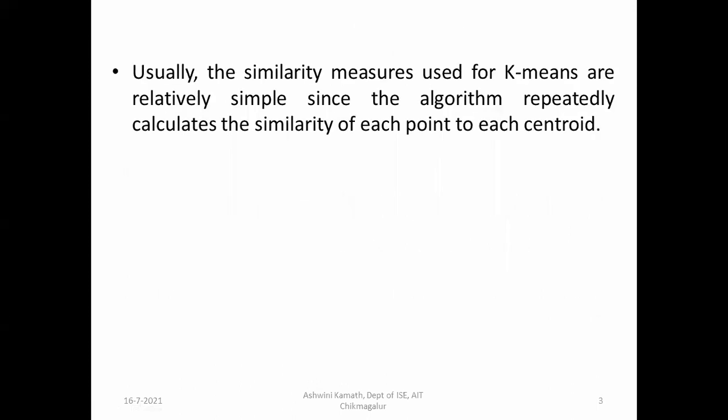Usually the similarity measures used for k-means are relatively simple, since the algorithm repeatedly calculates the similarity of each point to each centroid. We discussed the k-means algorithm in the last class.